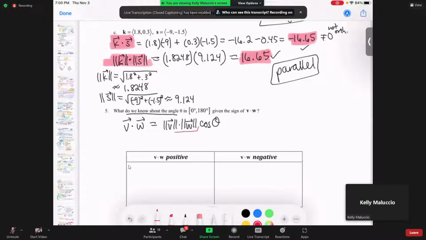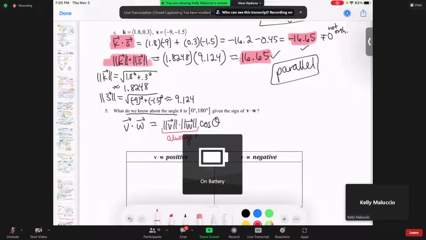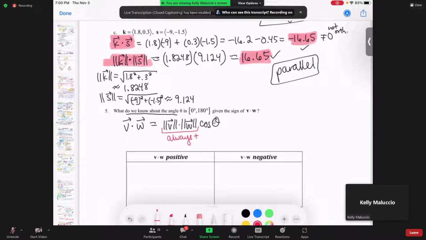The magnitude piece is always positive, because we're taking the square root and squaring everything.